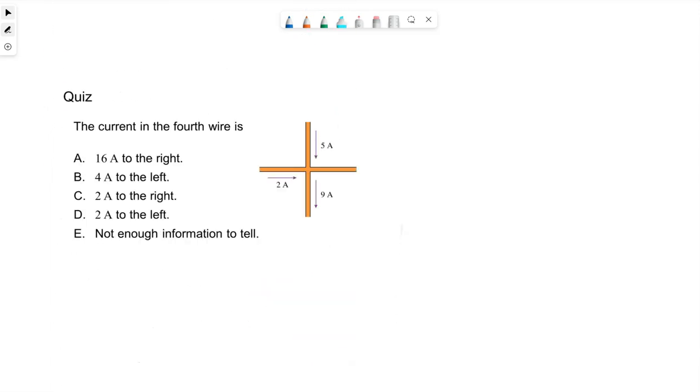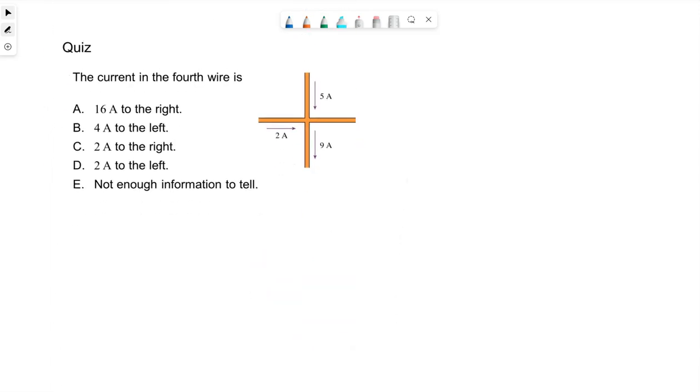Here is our next question. The answer is D. We need 2 amps flowing this way.